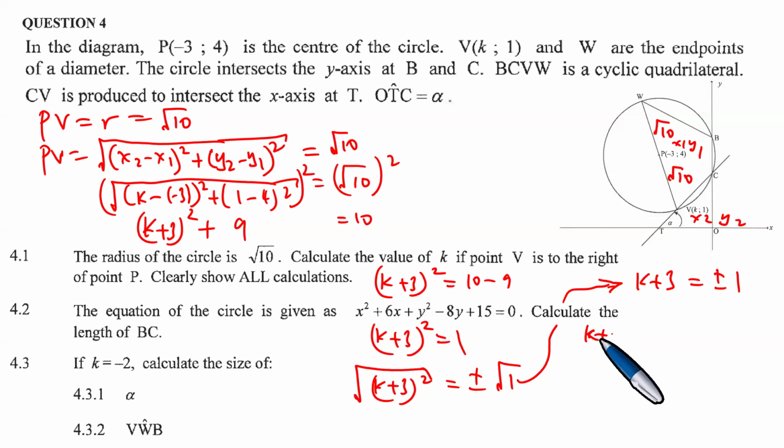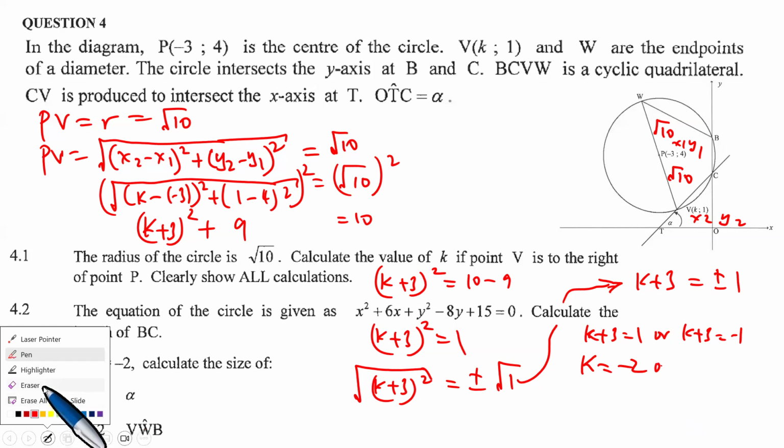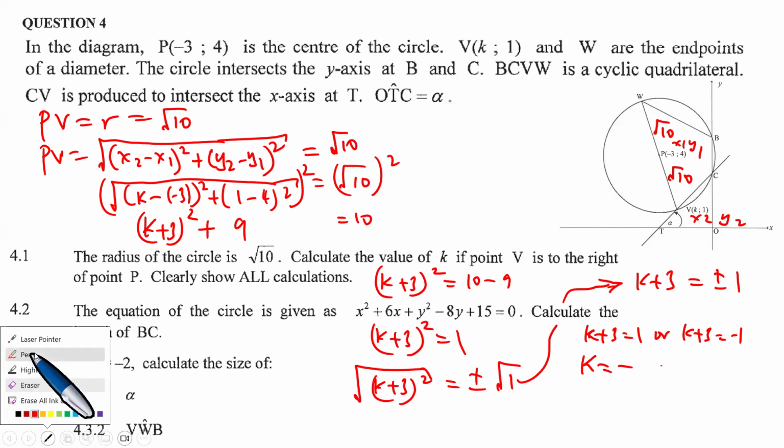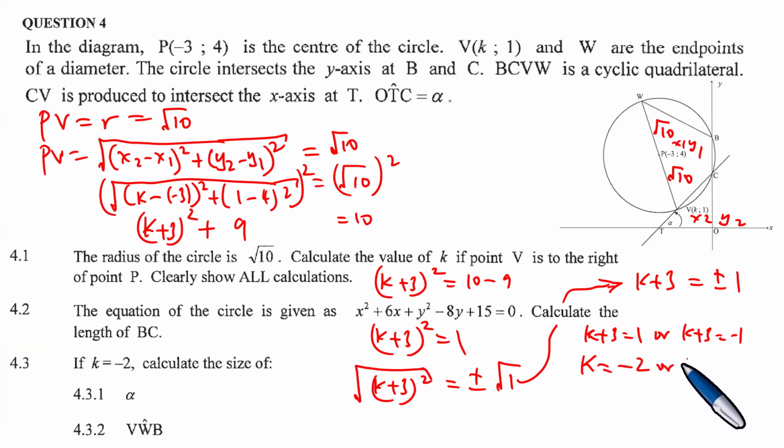And therefore, you have k plus 3 is 1, or k plus 3 is minus 1, which means k is minus 2, or k is minus 4.